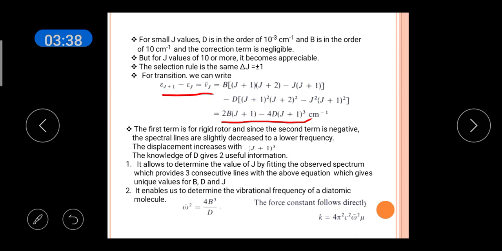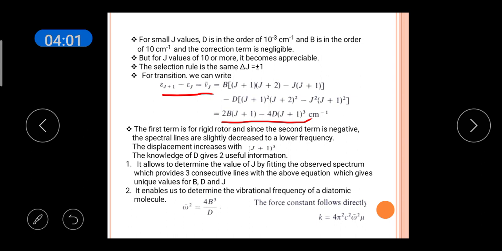The first term is for the rigid rotor and the second term corresponds to the non-rigidity of the molecule. It is negative and the spectral lines are slightly shifted towards a lower frequency side. The displacement increases with J plus 1 the whole cube.